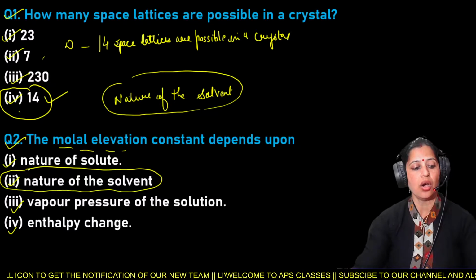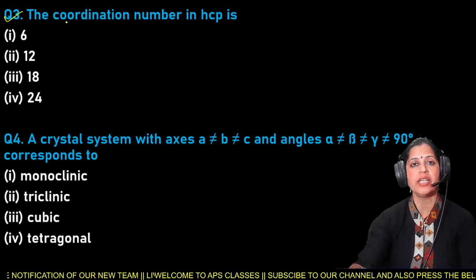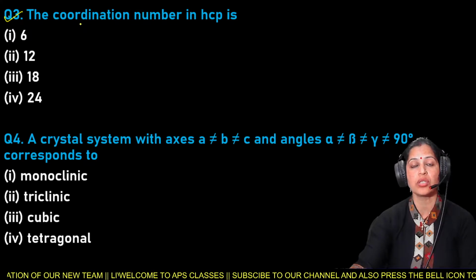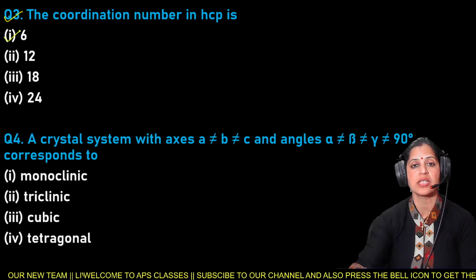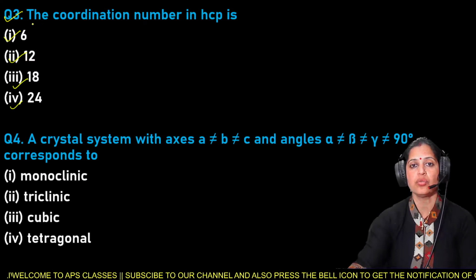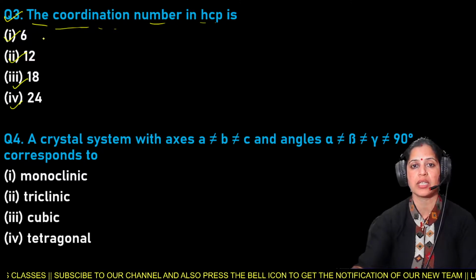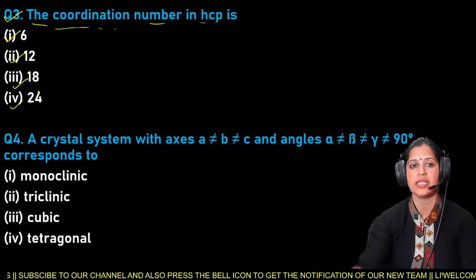2. Now shift to the question number 3, and your question number 3 is the coordination number in hexagonal close packing is. Options are 6, 12, 18, and 24. So here the coordination number in hexagonal close packing is 6, 12, 18, or 24.